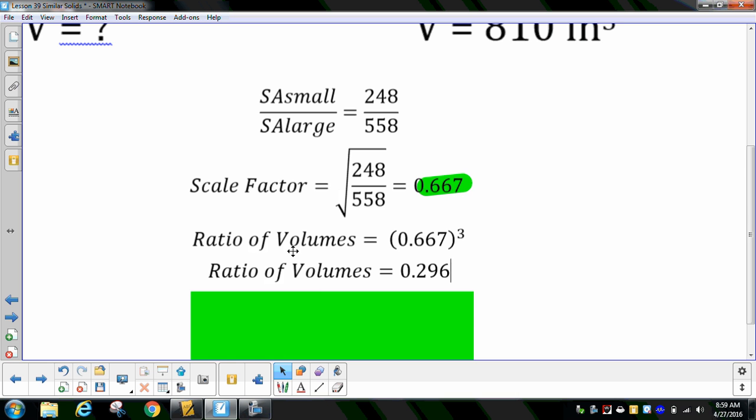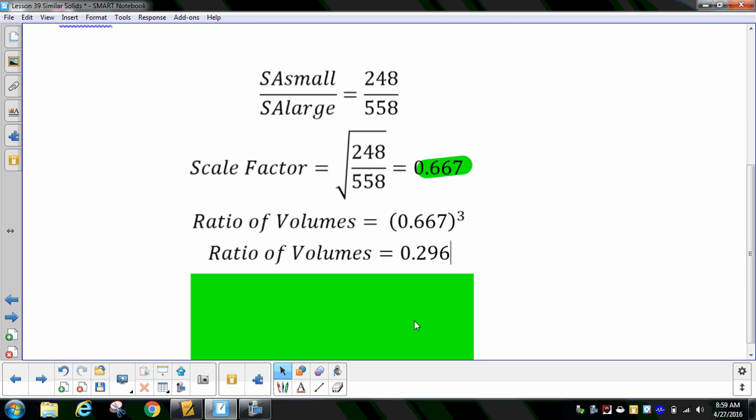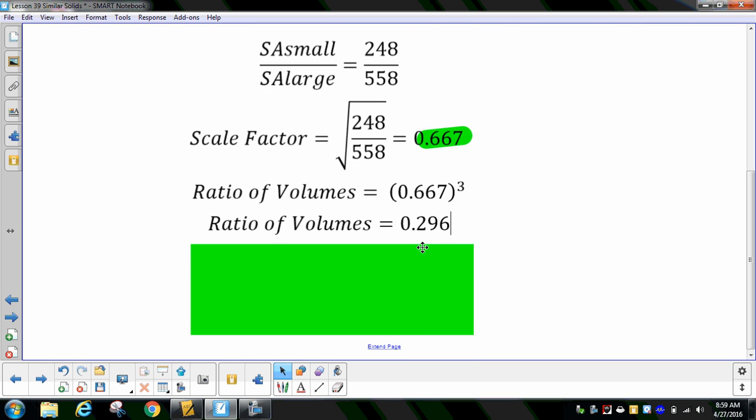Then we want to know what the ratio of volumes is, so we can set that equal to the actual ratio of volumes. The ratio of volumes is the scale factor cubed. So we're just going to cube 0.667 and get 0.296. 0.296 represents what the ratio of volumes should be.